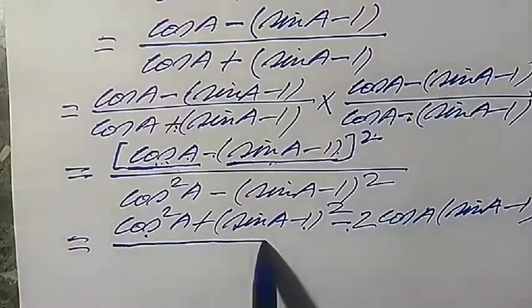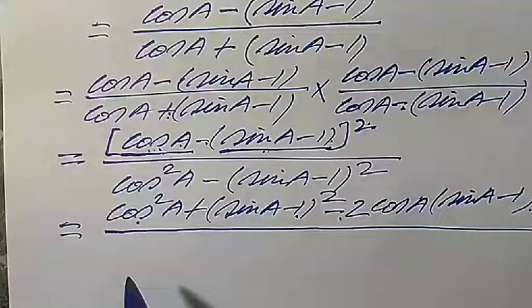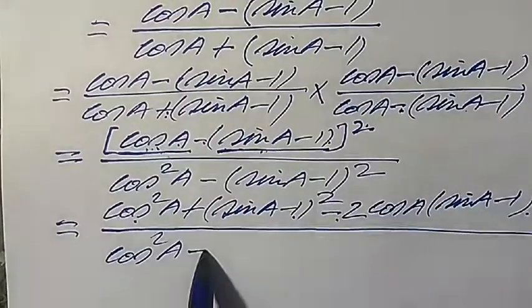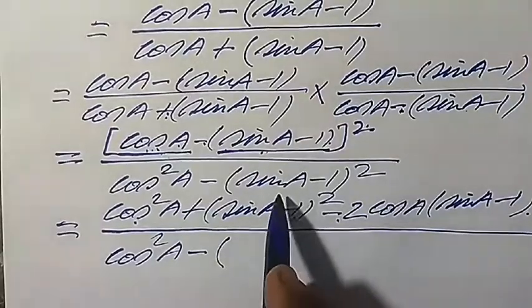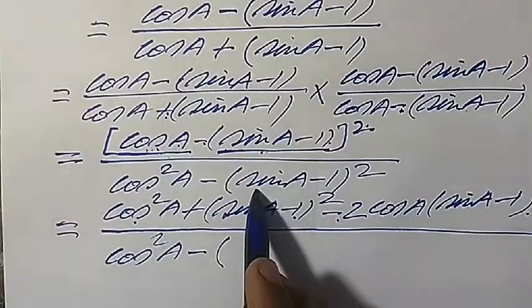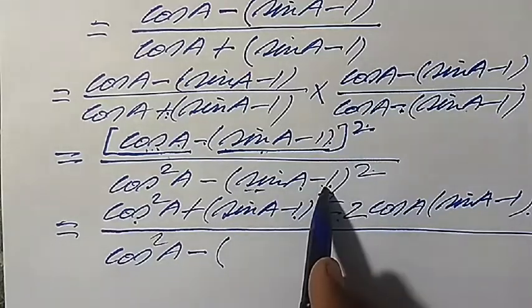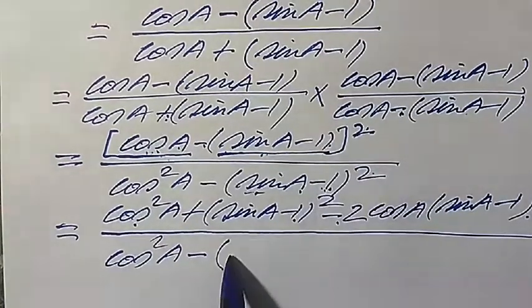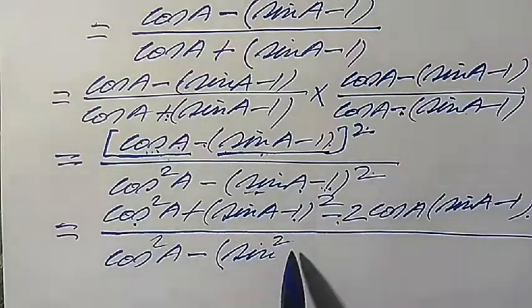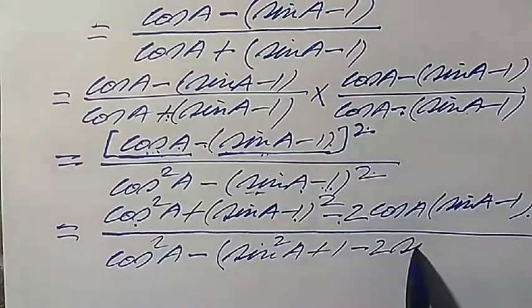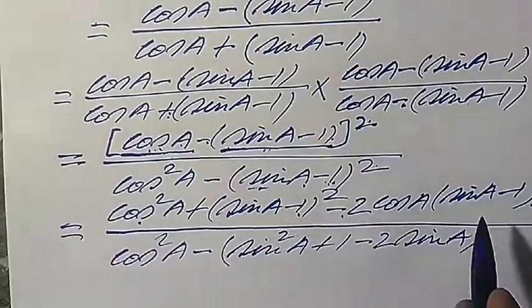In the denominator, cos square A as it is minus, here we may use the formula of A minus B whole square, taking sine A as A and 1 as B. So using the formula we may write them as sine square A plus 1 minus twice sine A.